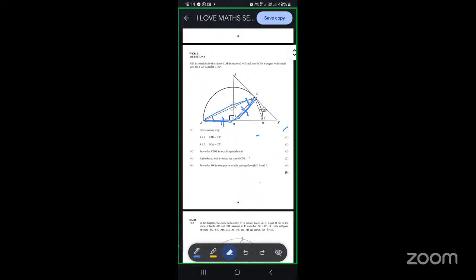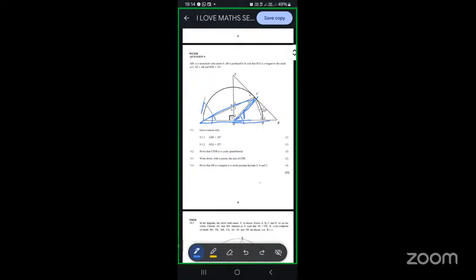Now with 9.3, write down with reason the size of COB. COB is this angle there. I have that angle at the circumference, and I want that angle at the center.